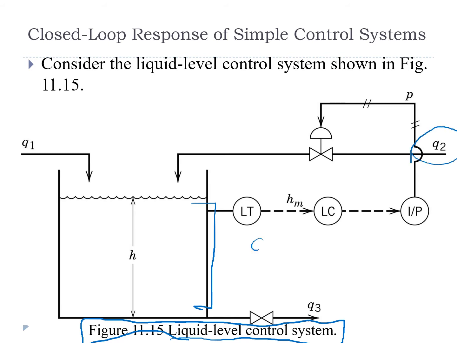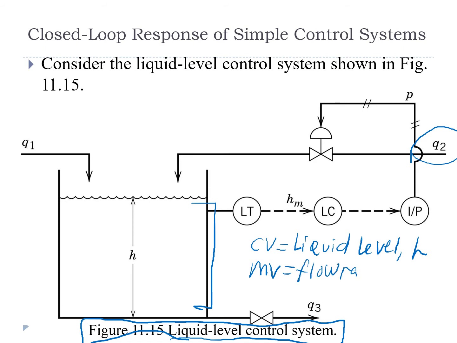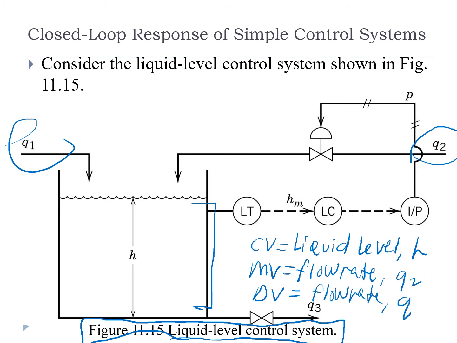So you know that your CV is the liquid level, the manipulated variable is the flow rate of species 2, Q2, and the disturbance variable is the flow rate of species 1, Q1.